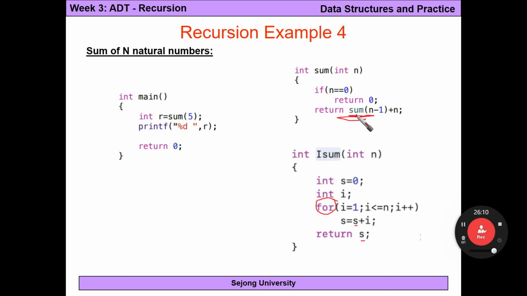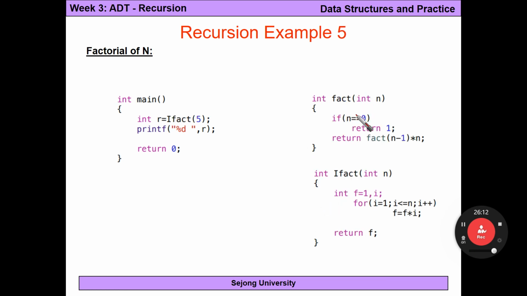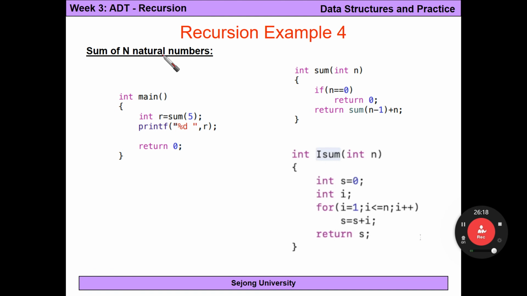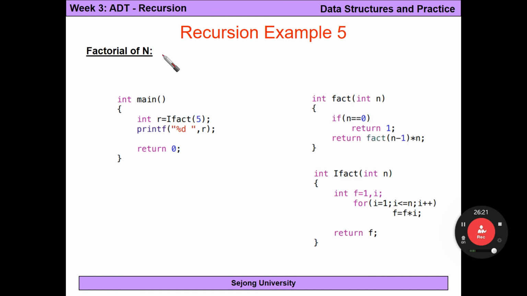So let's see another example. It is similar to the previous one. Before we were adding the sum of n natural numbers. Here we are multiplying, basically finding the factorial of n. By factorial, I mean if I want to find the factorial of 4, it will be multiplying all the previous numbers.